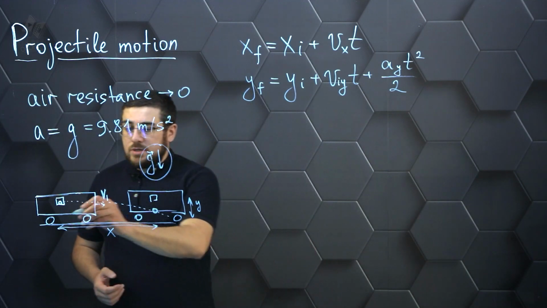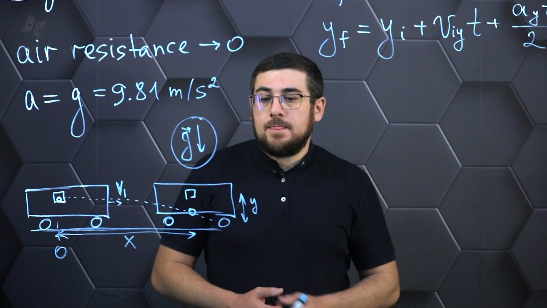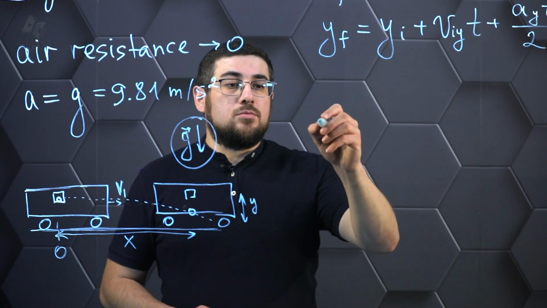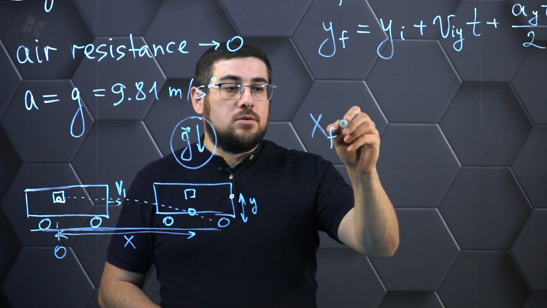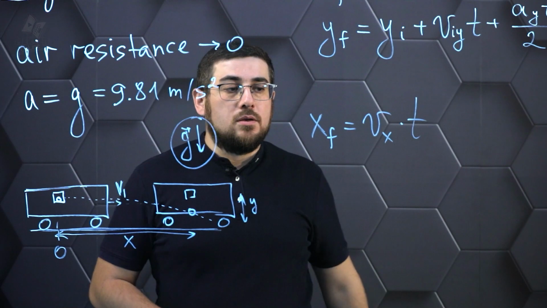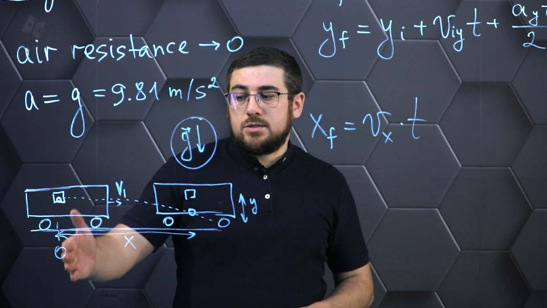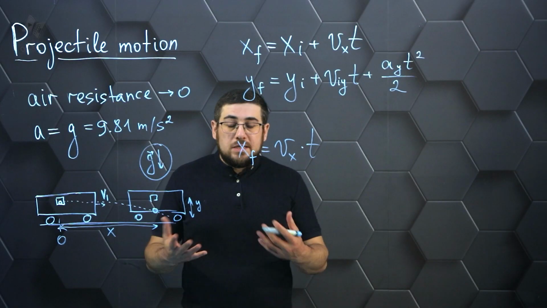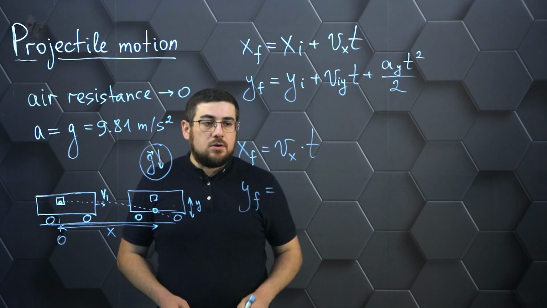Accordingly, we can take the initial x-axis coordinate as 0, and then the final x-axis coordinate is simply the product of the x-axis velocity multiplied by time. For simplicity, we can remove the value of the initial coordinate by combining it with the origin of motion. And we get the value for the y-axis coordinate in the same way.